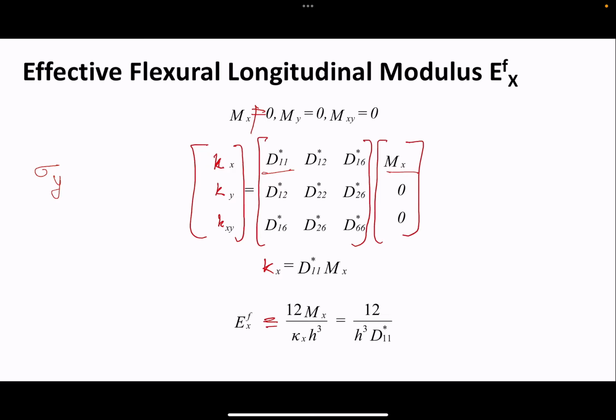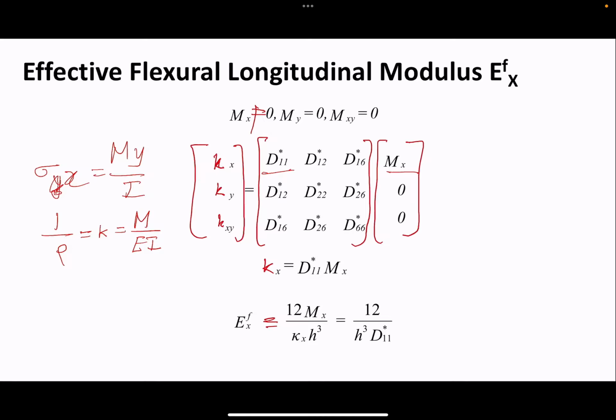If you remember, when we studied solid mechanics, sigma x equals My by I, right? And we also calculate what we called curvature, 1 by rho, or in this case we denote it using kappa, equal to M divided by EI.